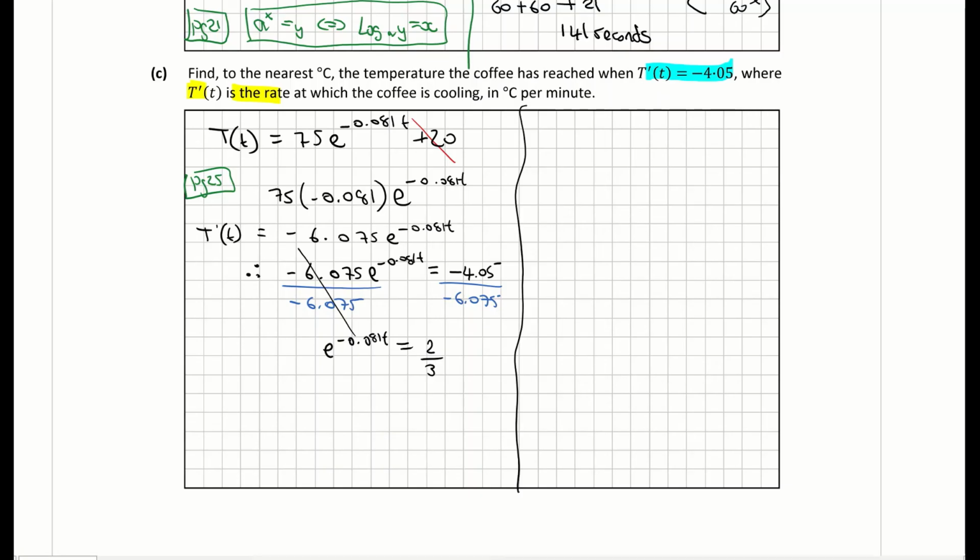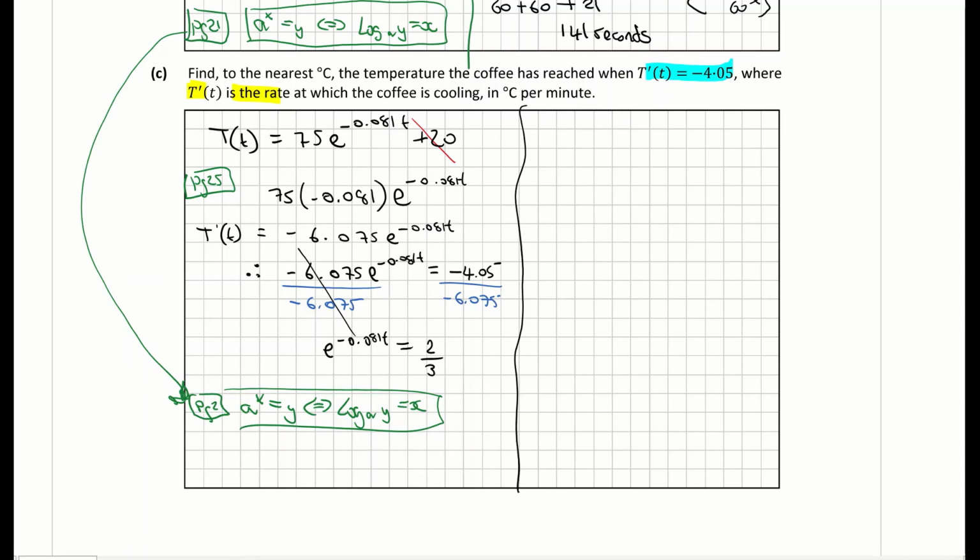And look, we're going to go for the same approach here to solving this. So from page 21 in my logs, I'm using the rule a to the power of x equals y is the same as log of y to the base a equals x. And I'm just going to solve that out. So that is giving me log of 2 over 3 to the base e is equal to minus 0.081t.